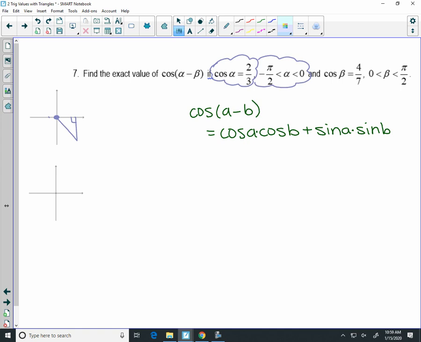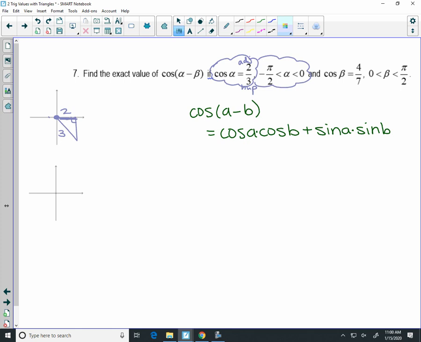It's really important that you're on the right spot there. And then cosine is adjacent over hypotenuse. So adjacent is always going to be on your x-axis there. Hypotenuse is always like what was 1 on the unit circle.